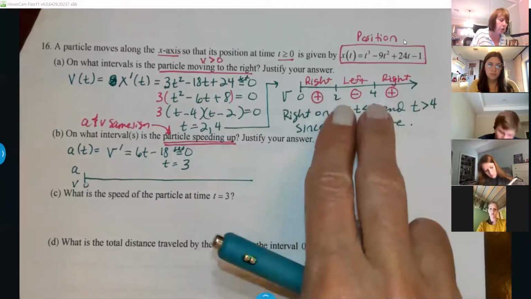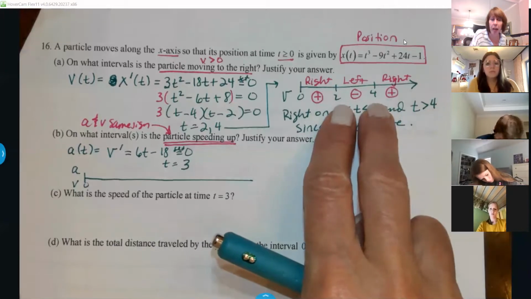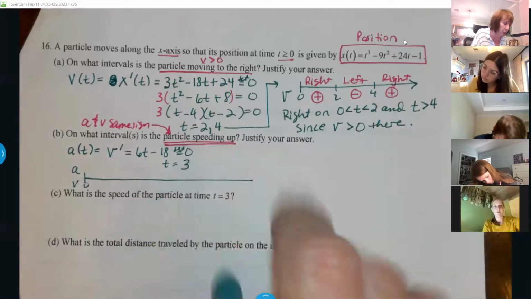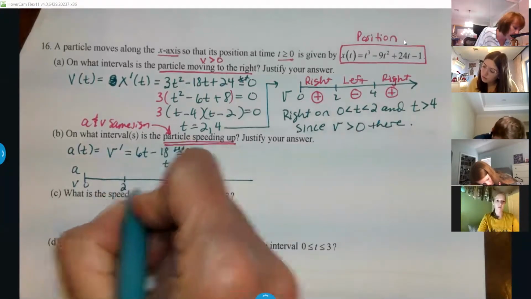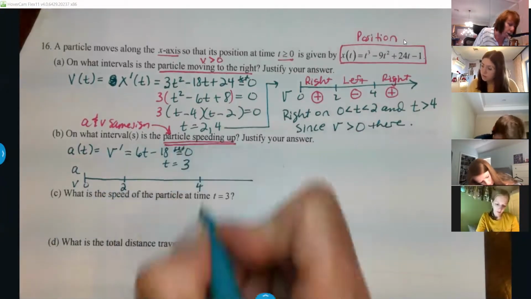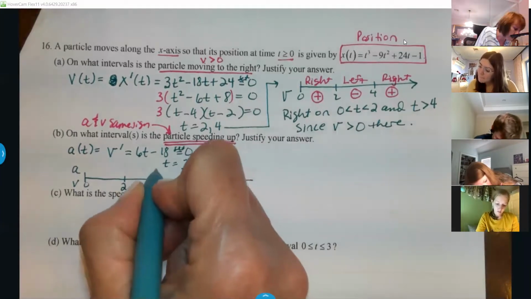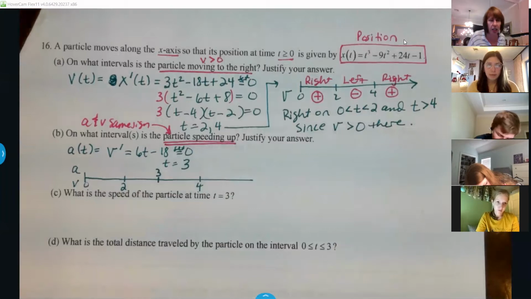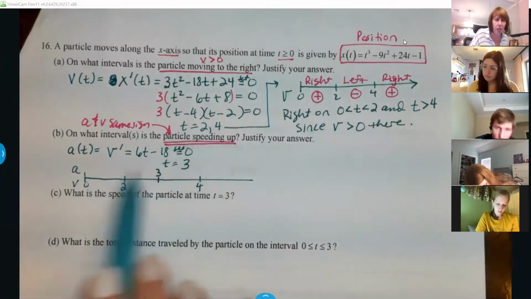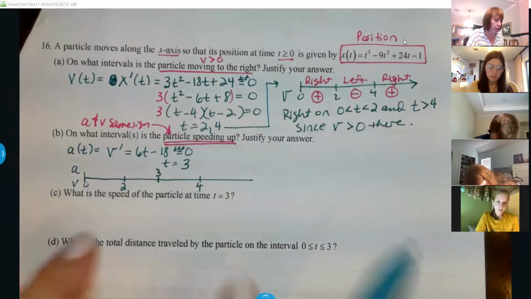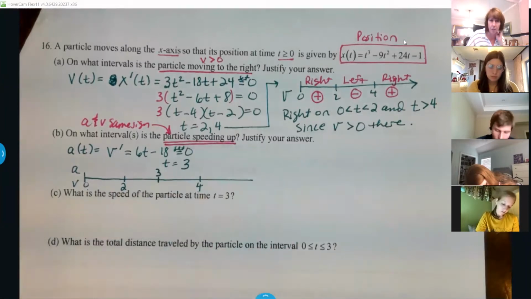So I'm going to use the 2 and the 4 that made velocity 0, and the 3 that made the acceleration 0. I'm going to put that up there just to remind myself that the 2 and the 4 came from velocity.